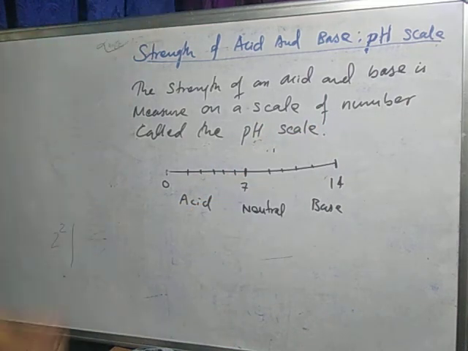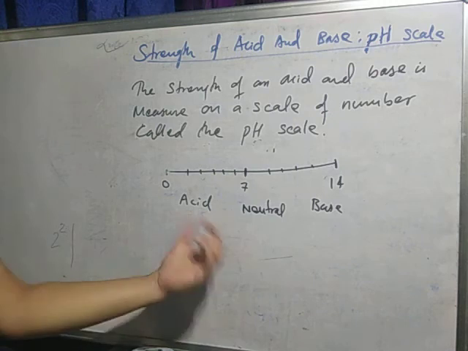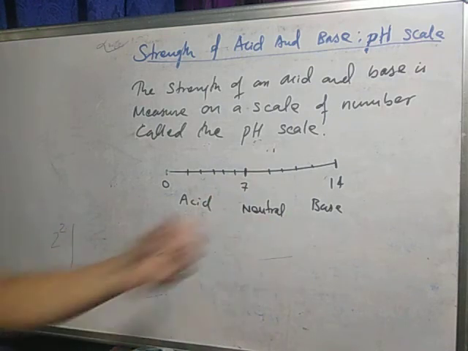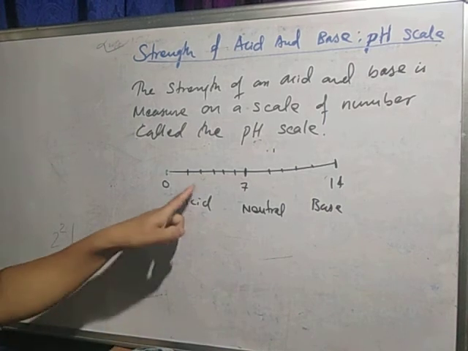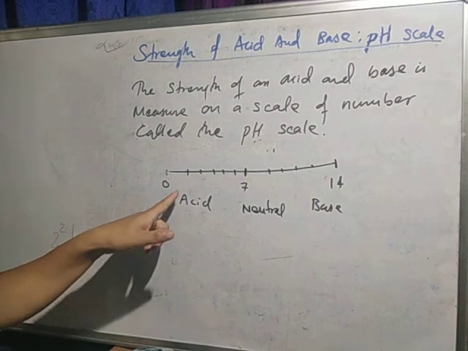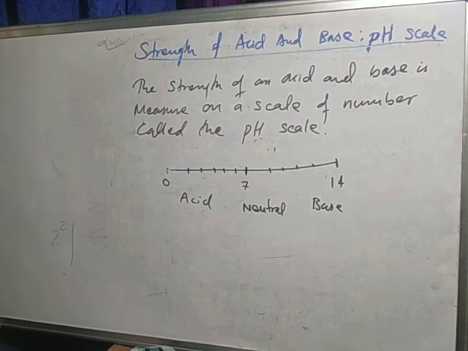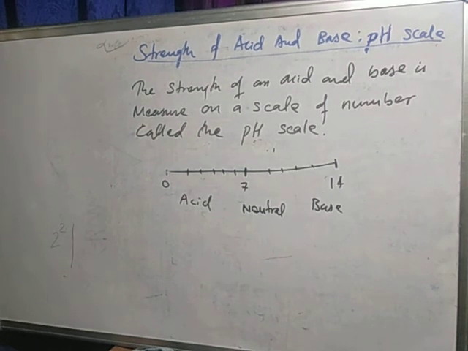So the pH scale has value from 0 to 14, clear? So on what basis this pH scale is discovered: write down, the pH of a solution is inversely proportional to the concentration of hydrogen ion.